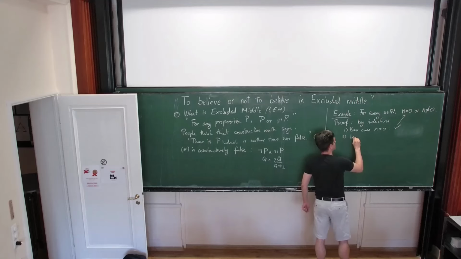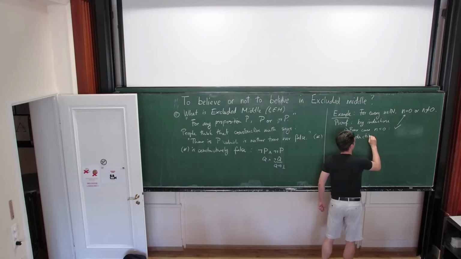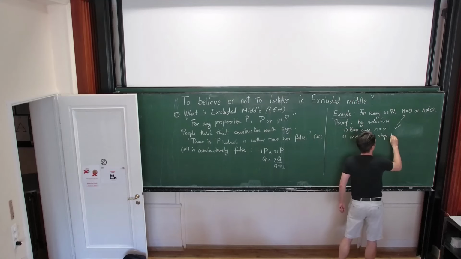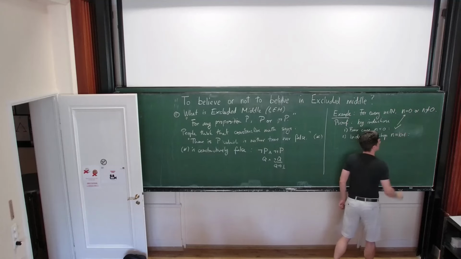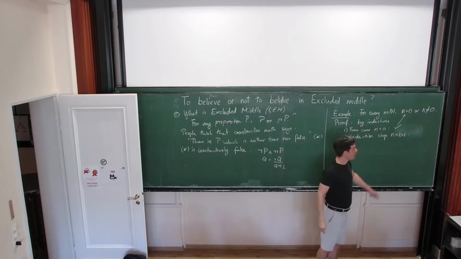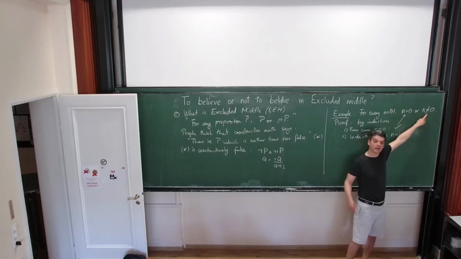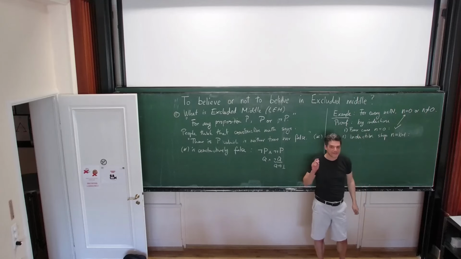Induction step: what if n is a successor, of the form, say, k plus 1? Which of these two are you going to prove? You're going to prove that one. Is there an axiom that says that successors are not 0 in Peano arithmetic? Oh, how lucky we are. So you see, you can prove certain cases of excluded middle, and then it's okay. You just have to be careful.